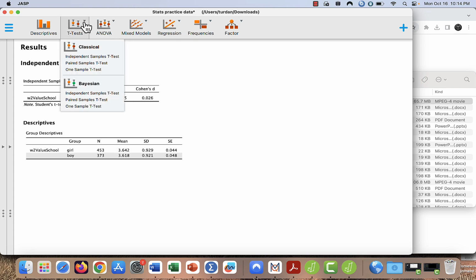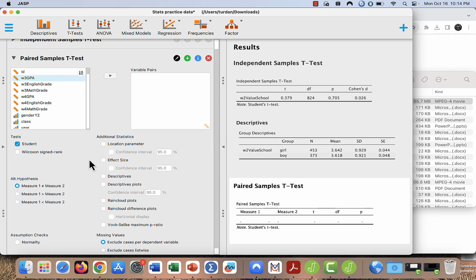Now, let's try a paired samples t-test, also known as a dependent samples t-test. And let's see what we get here. For a paired or dependent samples t-test, one of the best uses is to see whether there's a change within the same sample over time on the same variable. So let's take a look at wave 3 math grade.